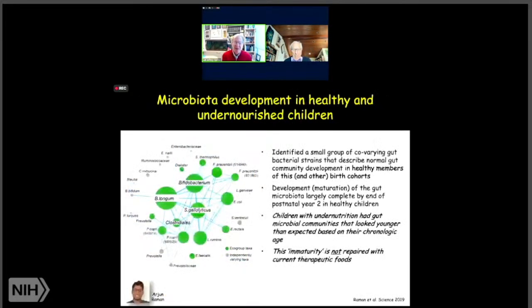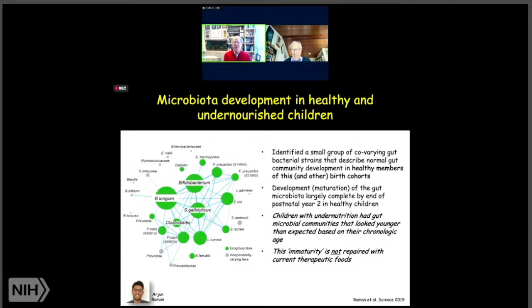And a very talented postdoc in the lab, Arjun Raman, applied the principles and methods of econophysics to identify a small group of 15 covarying gut bacterial strains that described in this healthy cohort of infants and children living in the Mirpur urban slum normal community development.